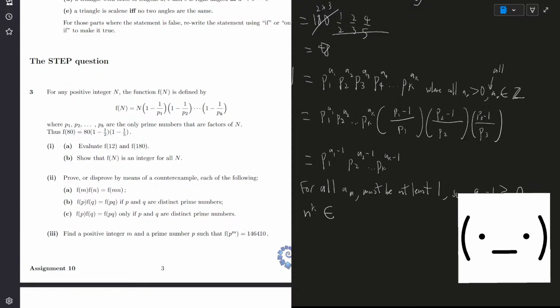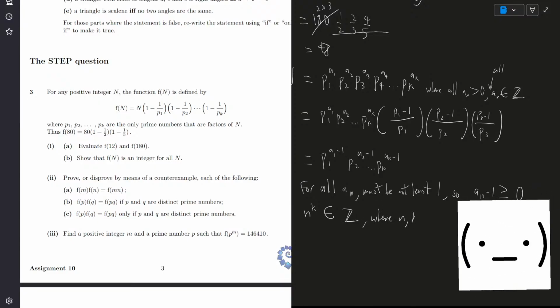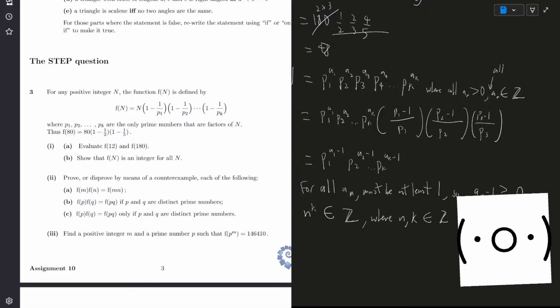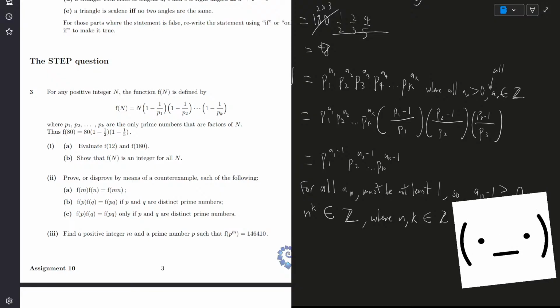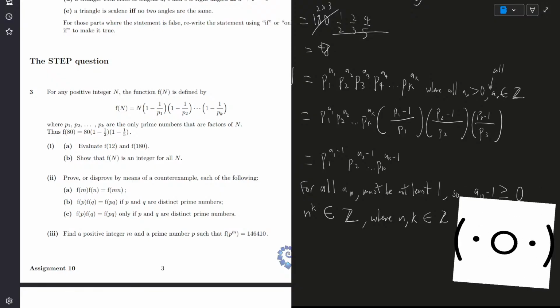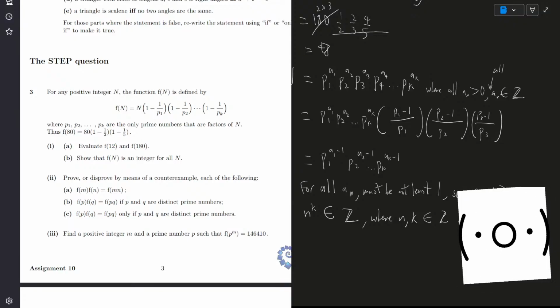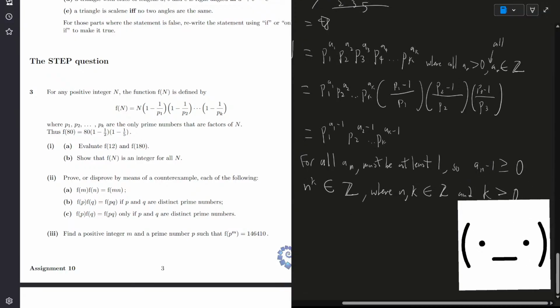So we write this: n to the power of k is an integer where n and k are integers and k is bigger or equal to 0.